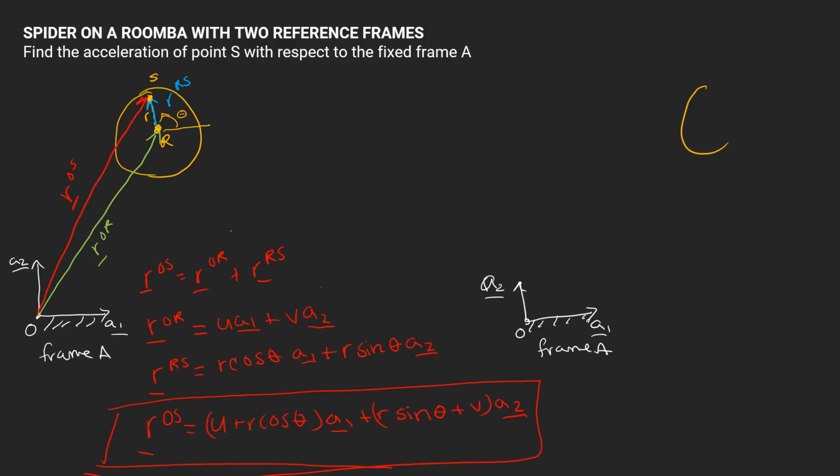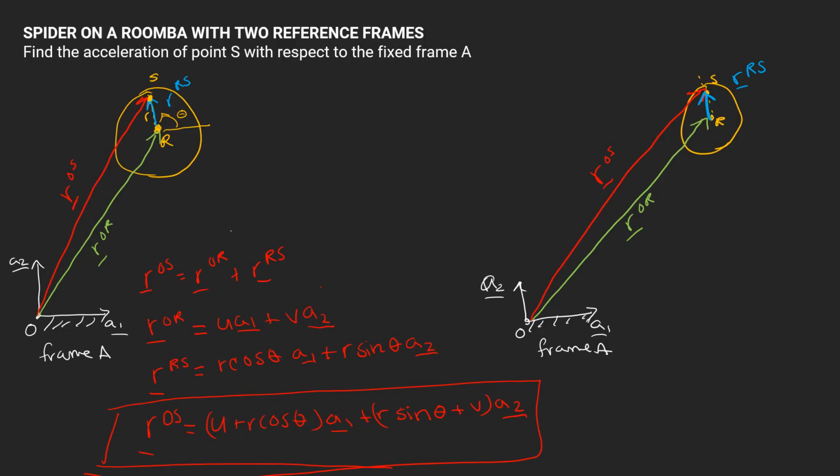Again, we have our Roomba, we have the center at point R, we have the spider that can move along this line, and the spider is at point S. And again, we still want this vector ROS, we still want this vector ROR, and we still need this vector RRS. But how we're going to define vector RRS is going to be different.